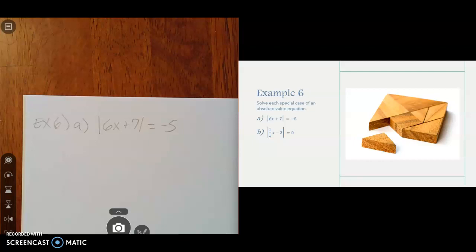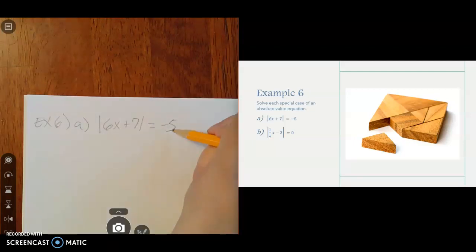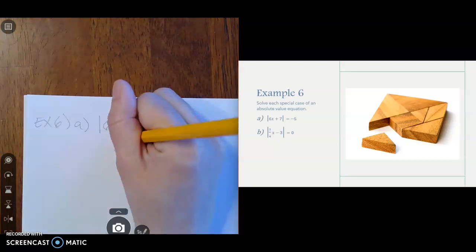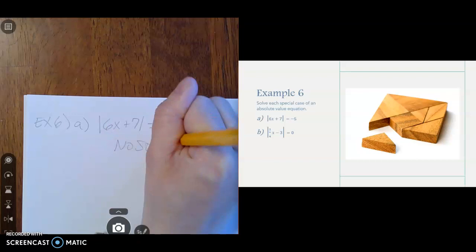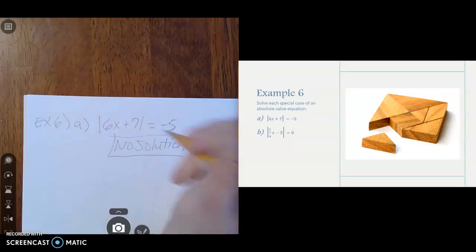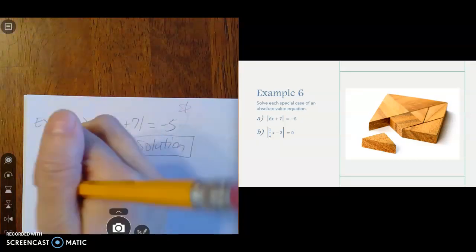So stop yourself right there and think, that can't happen. We're never going to get a negative value from an absolute value. This is no solution. So you can stop right there. Don't do lots and lots of work for nothing. It's no solution. We can tell right from the very beginning because we have this negative value.